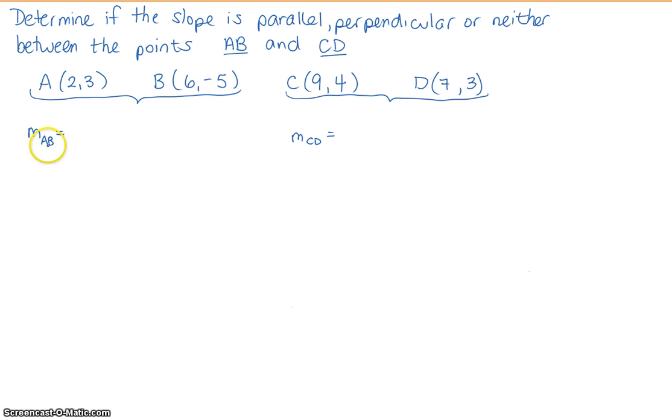So in this case, M of AB, your change in y, so let's say 3 minus negative 5 all over 2 minus 6. And again, if you need to label these, this was my x1, y1, x2, y2, or you could do the other way around, but either way it's the same thing. In this case I did y1 minus y2, here I did x1 minus x2.